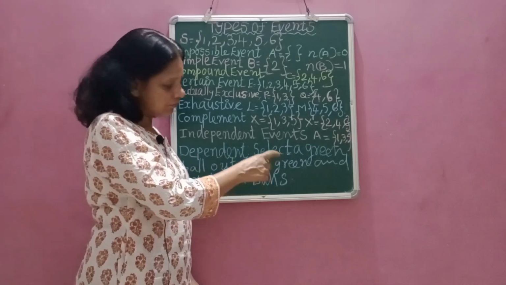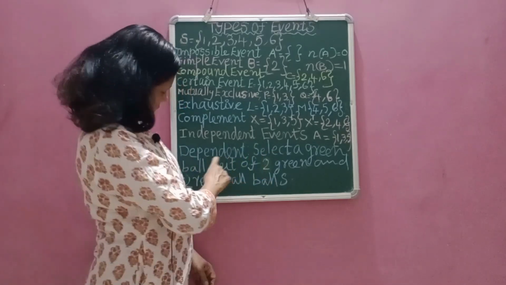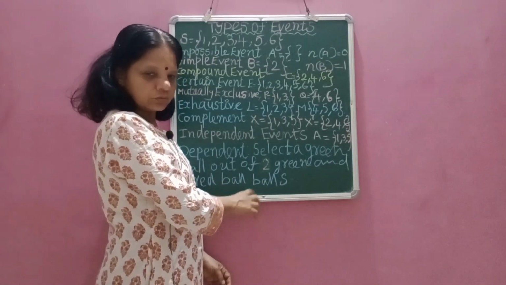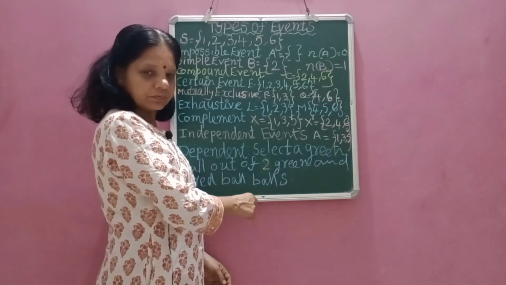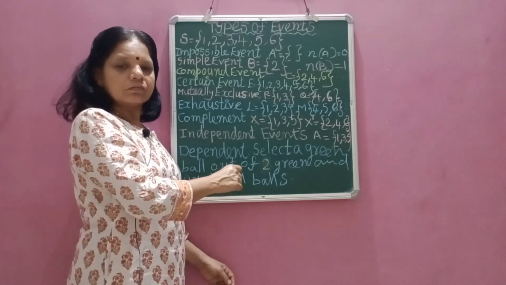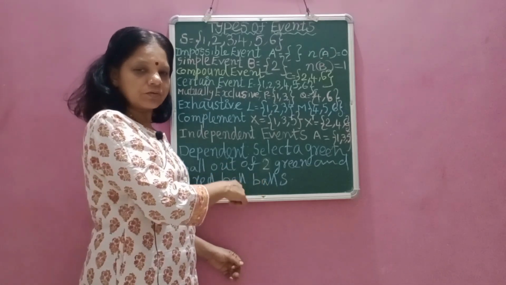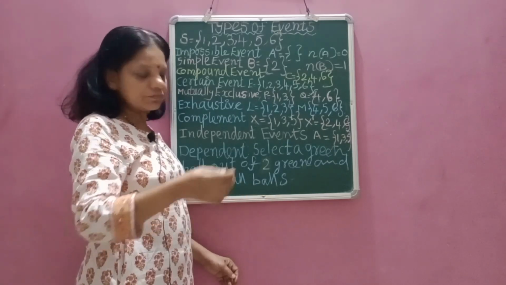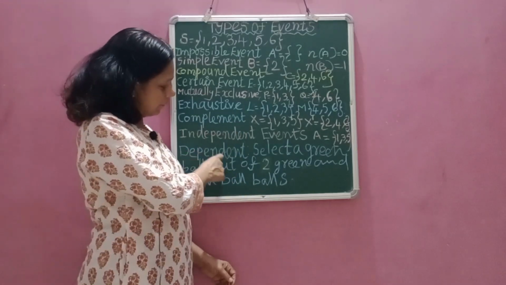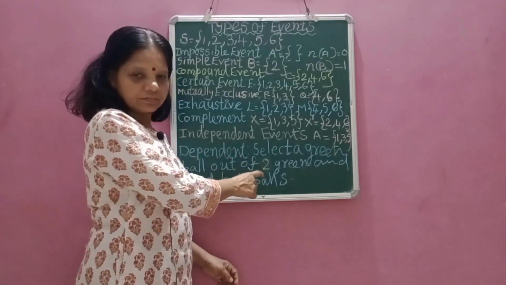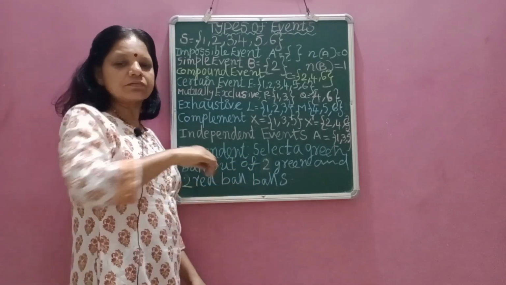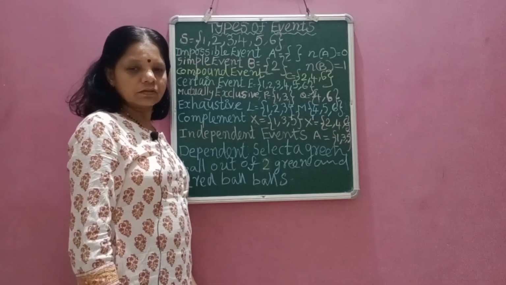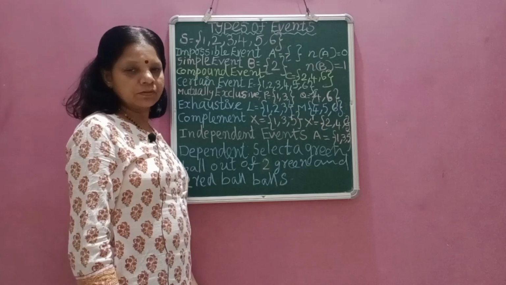In the first, there were two green and two red, 4 were there. So when one is taken, the remaining are 3 only. We have to select from 3. So the probability changes. Such events are called dependent events. So these are the various types of events in random experiments.